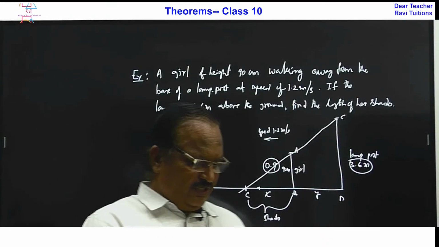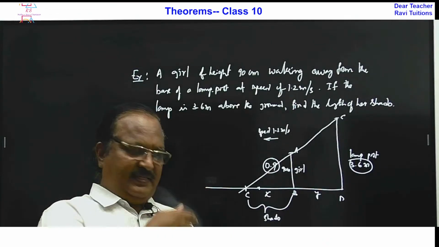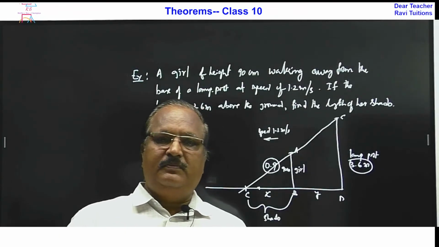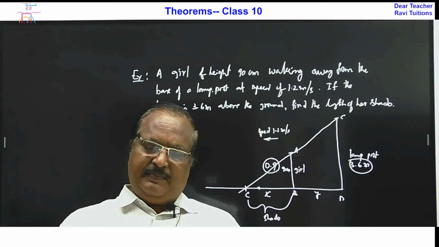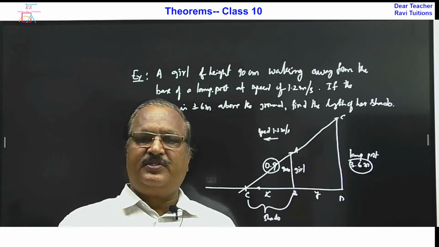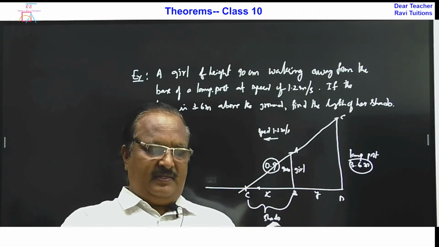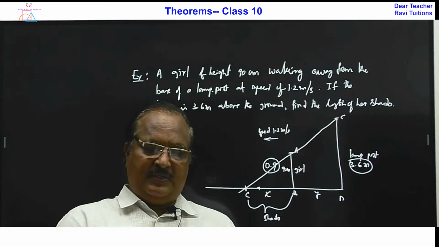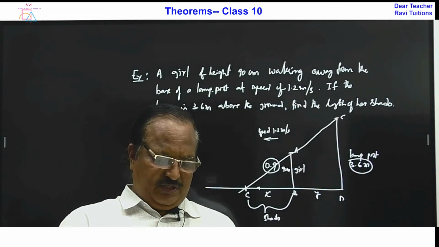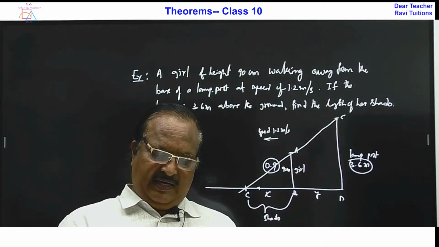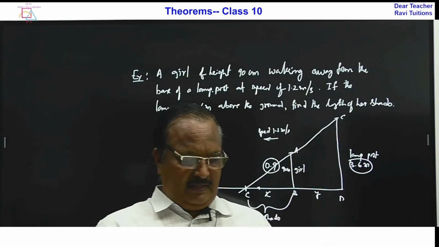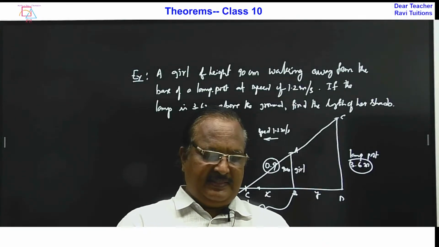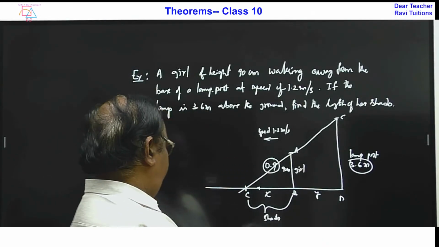This is the same question, example 7, a textbook question, page number 92. You can just go through it and find this answer. And in the textbook also, there should be one question: question number 15, exercise 6.3.